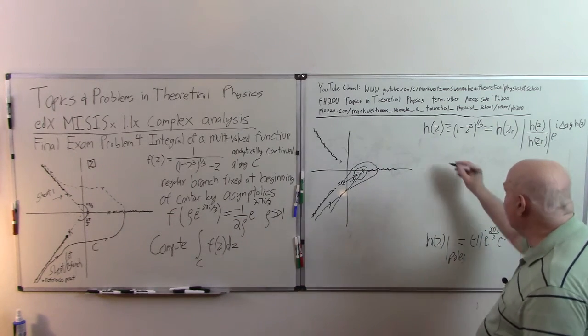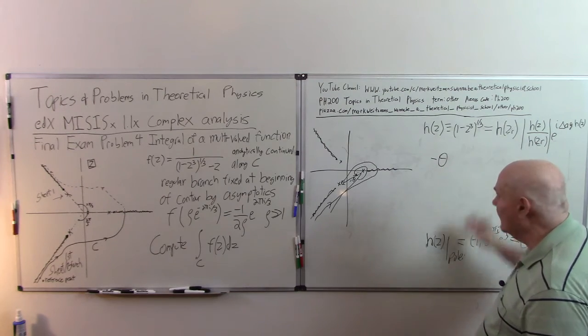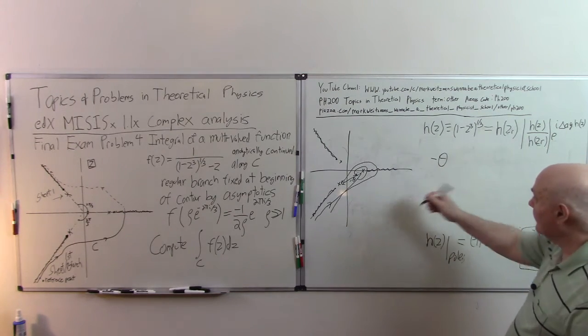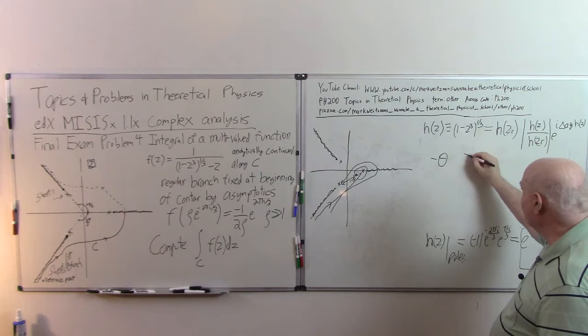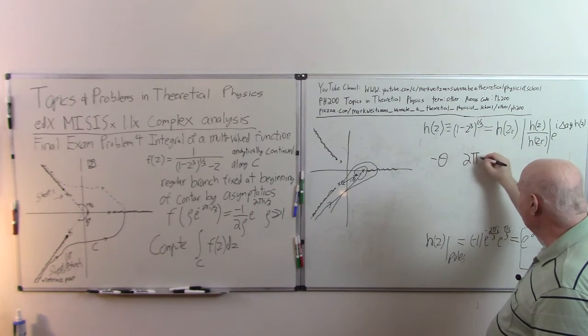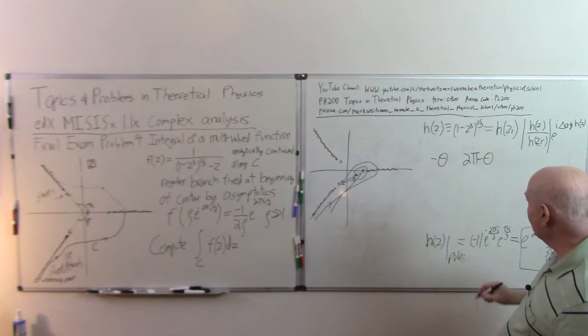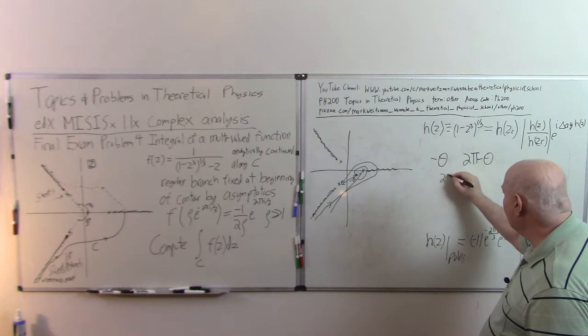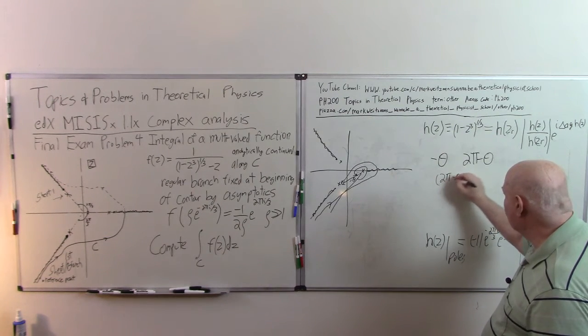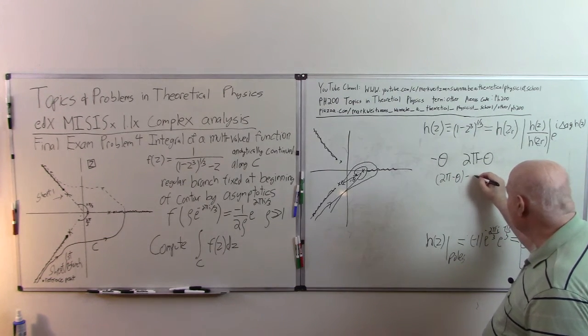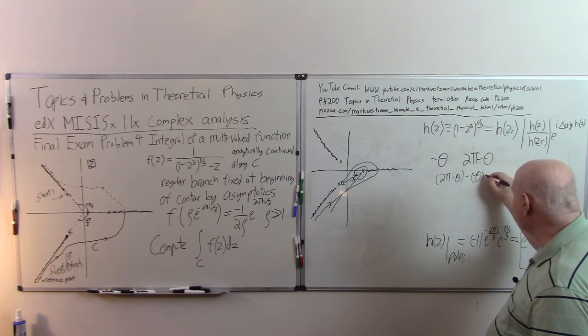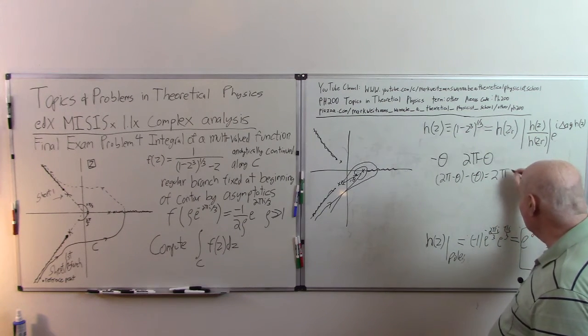So before we added minus theta, this time when we go around this branch point, we're going to add 2 pi minus theta. And the difference is, of course, 2 pi minus theta minus theta equals 2 pi.